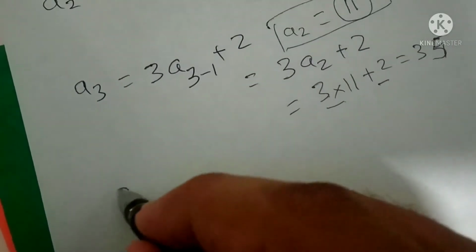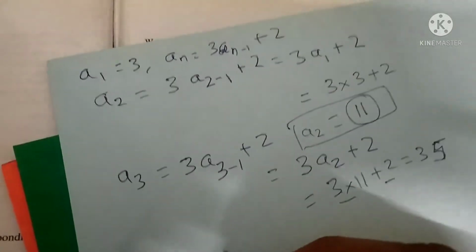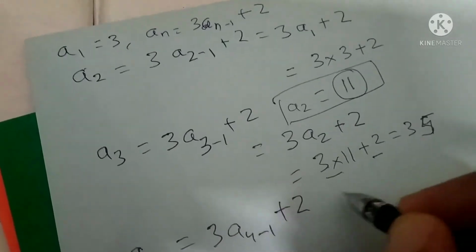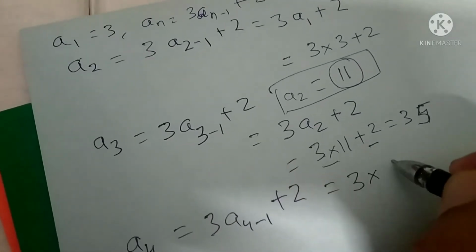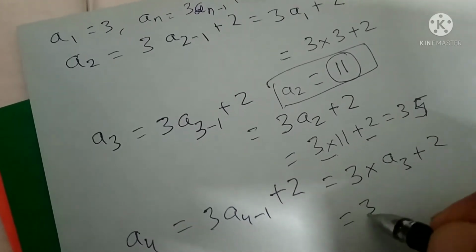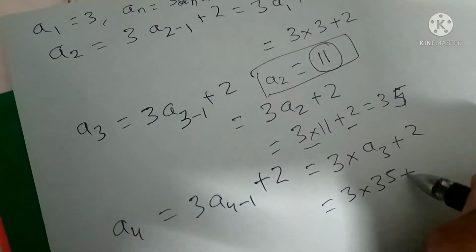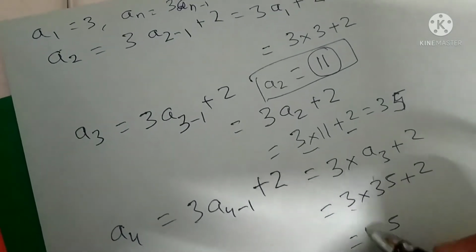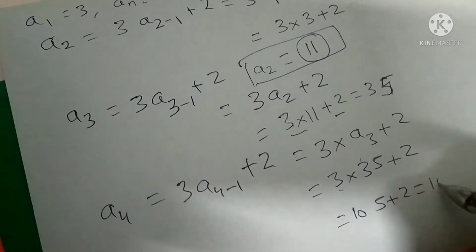So this way you can find out a4 is equal to 3 into a_(4 minus 1) plus 2, so a3 plus 2. So this is equal to 3 into 35 plus 2. So this is 5 3s are 15, 105 plus 2 is equal to 107.